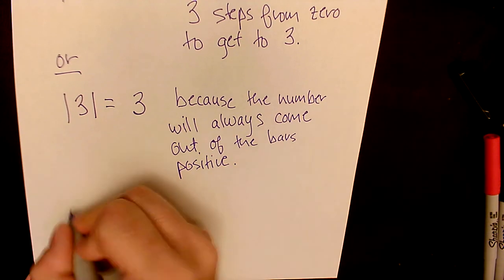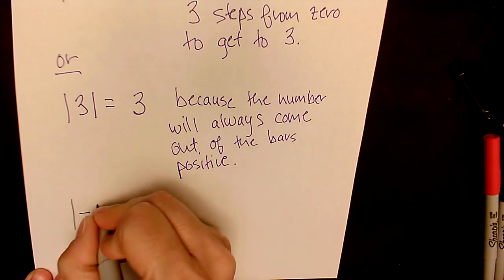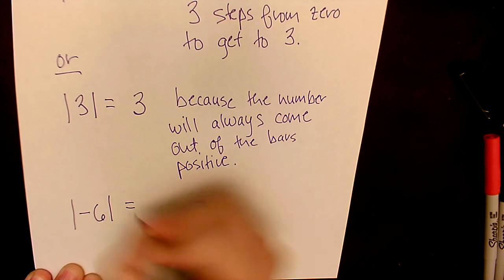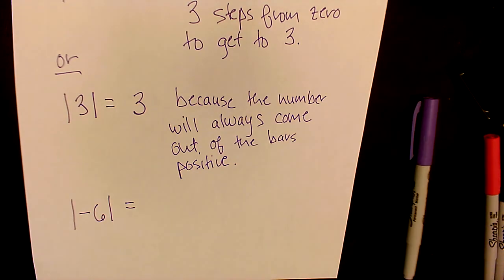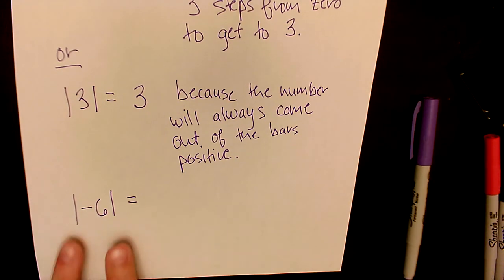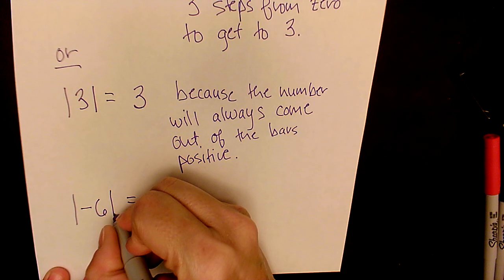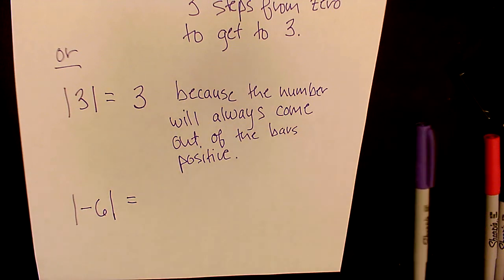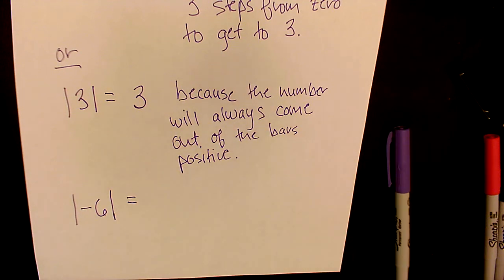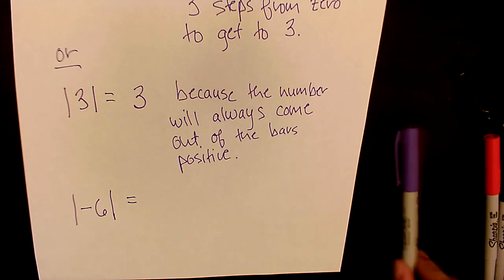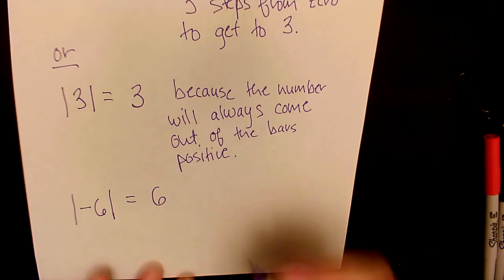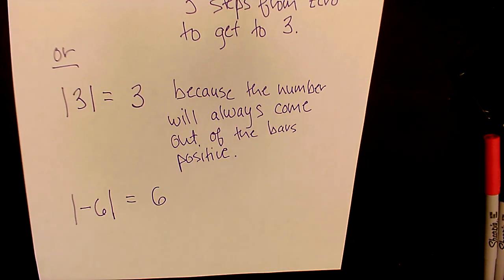So what if I had the absolute value of -6? So anything between 2 bars means absolute value. So I'm taking the absolute value of -6. There's 6 jumps from 0 to 6. So absolute value, if you're doing it with a number line, that's 6.